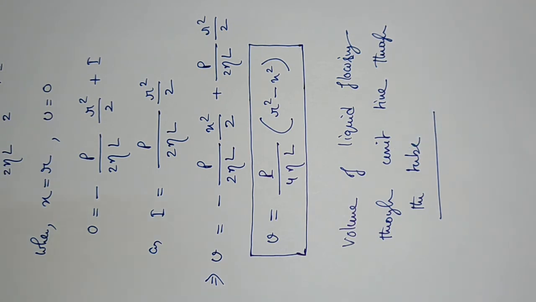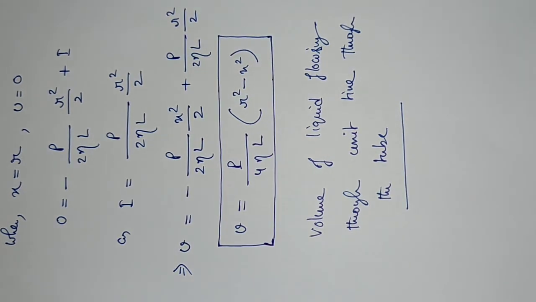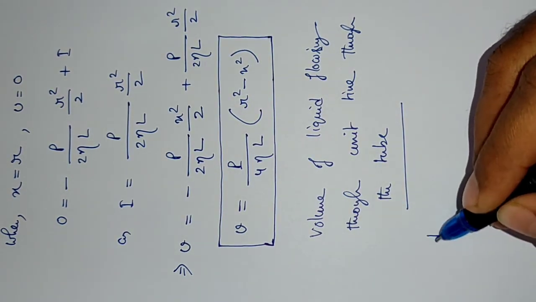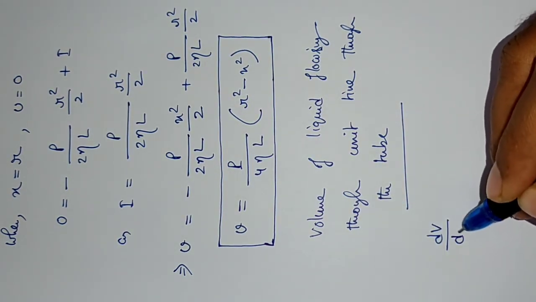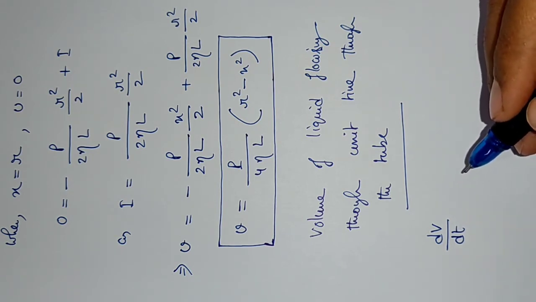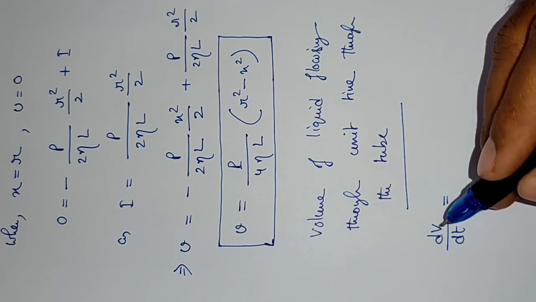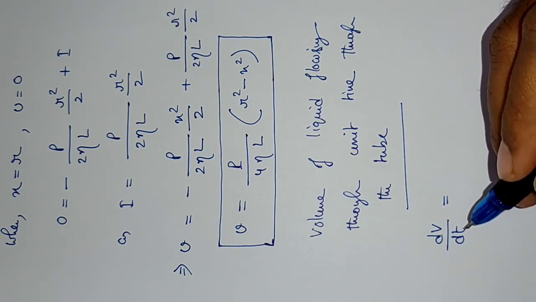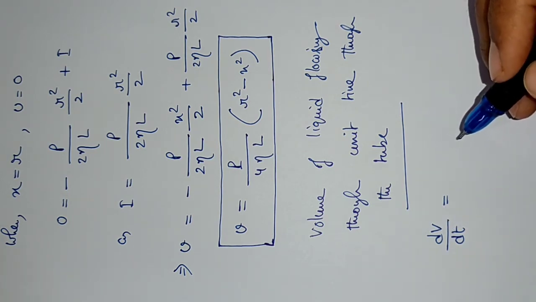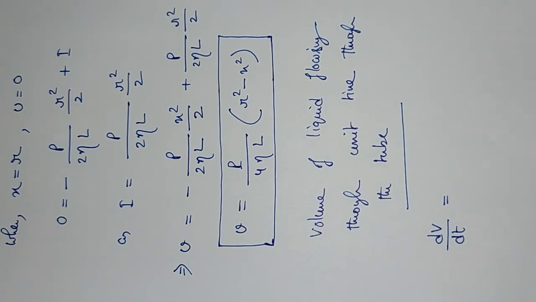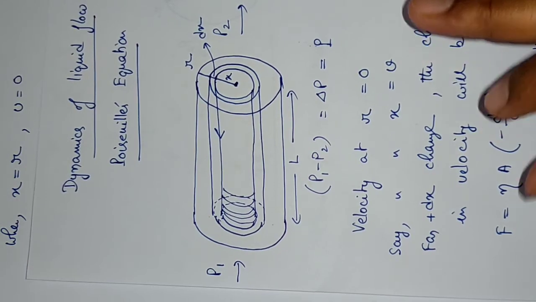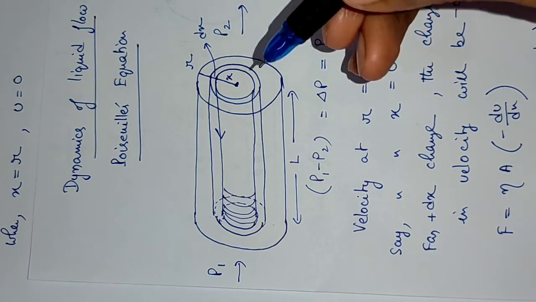Now the volume of liquid flowing through the tube per unit time can be expressed as dV/dt. So this is the volume of the liquid flowing per unit time. Now how to get it? For this, we have to evaluate the picture.